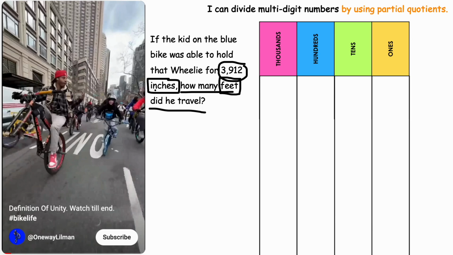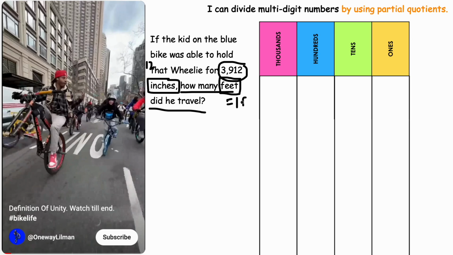The first thing I notice is that inches and feet, those are not the same unit of measurement. So I need to analyze what feet and inches would mean in this problem. So I know that there are 12 inches in 1 foot. So that equals 1 foot.